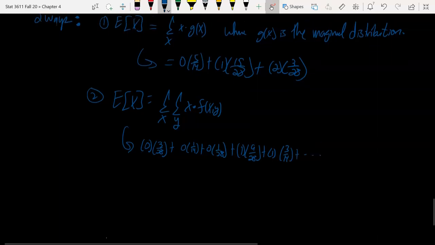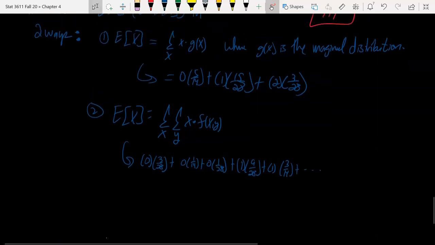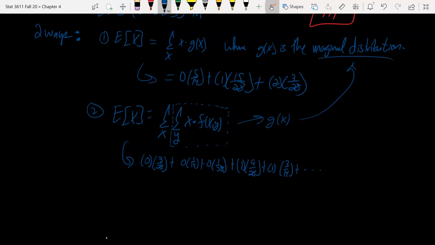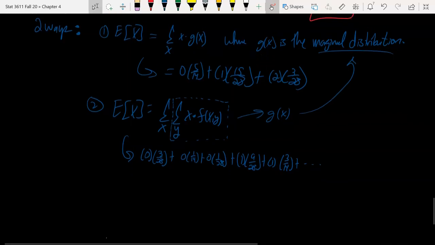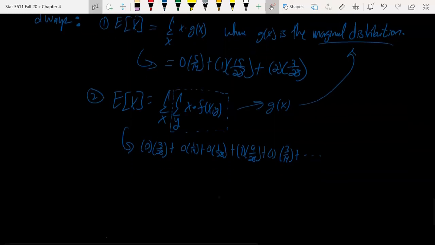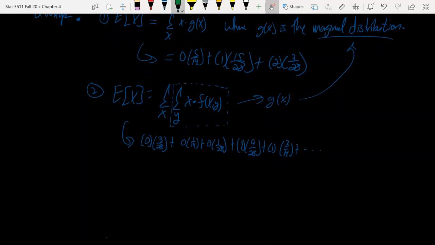Okay? But now that might look a little overkill, and it is, because again, think about what you're actually doing here. That sum is by definition the marginal distribution g of x. And look at this computation right here.